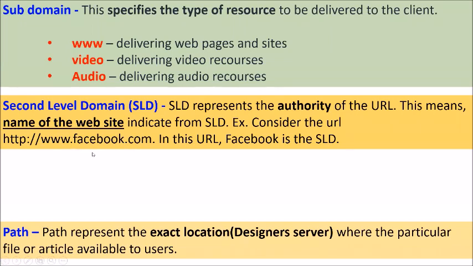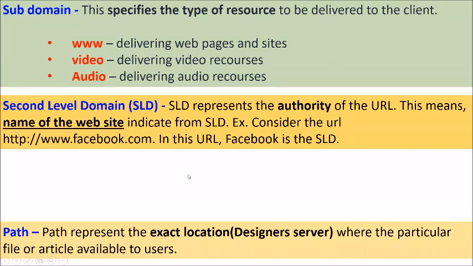In this example, the second level domain represents the authority of the URL. Who does this URL belong to? They use a separate name for that. The name given here is Facebook. Facebook is the second level domain.